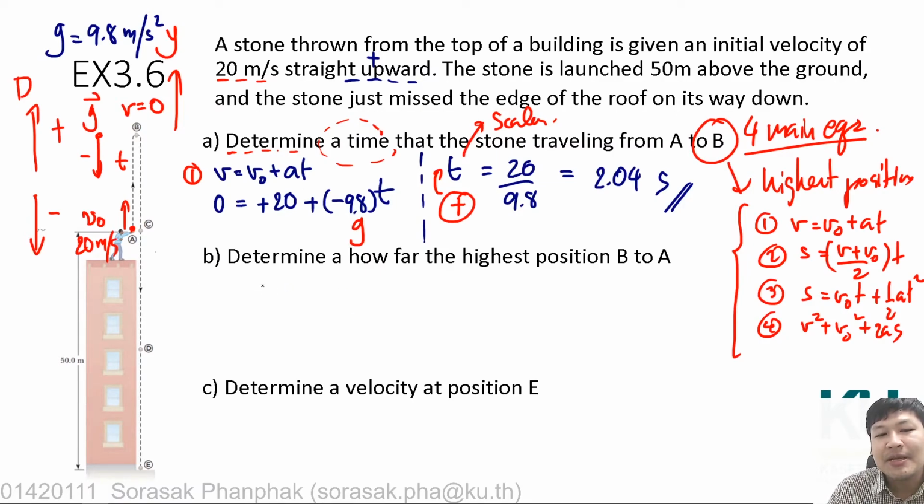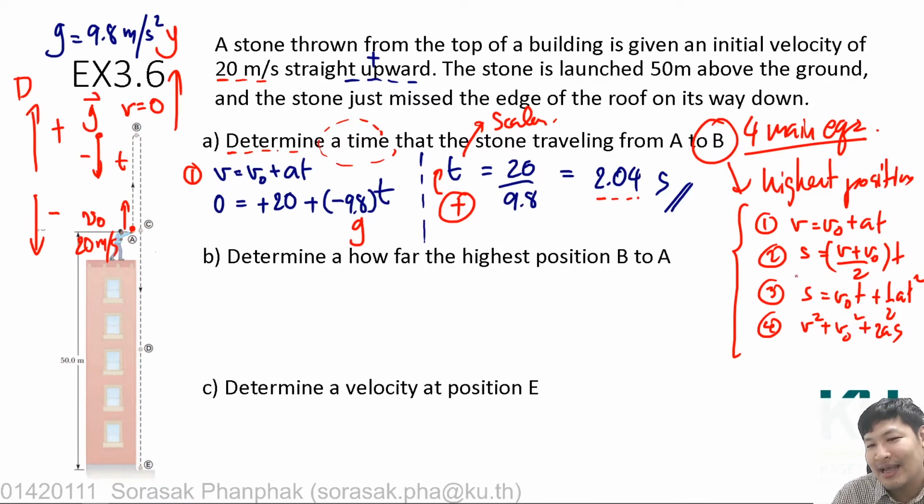If you would like to determine the distance or displacement from point B to A, or how far this distance is, you can use another relation to determine it, because now you know the time already, right?